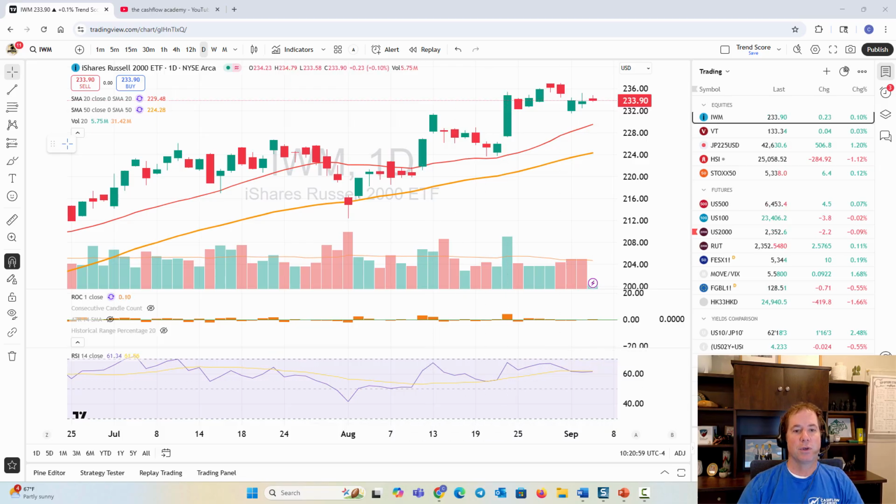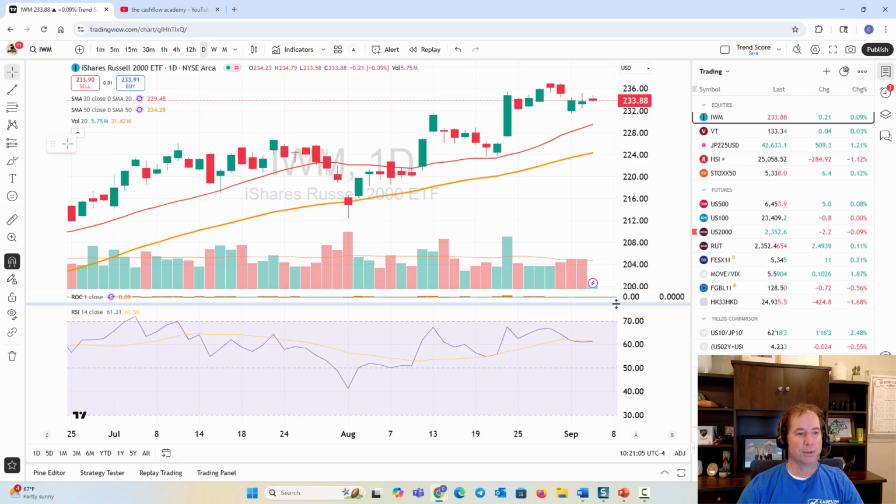Now, there's a few levels on the RSI that are important. If we were to expand this out so that we can see key levels, in fact, I'm going to make it even bigger. You can see the numbers over here on the side, and the key levels for the RSI are 70 and 30, with 50 being the mid ground.